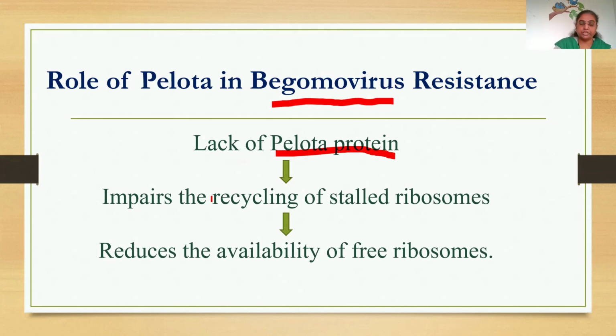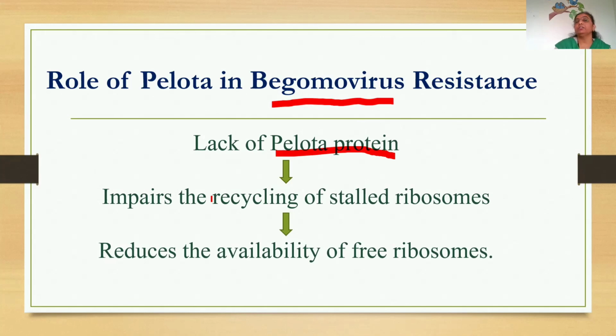Due to that, the translation of the begomoviruses is going to be halted. As there is reduced efficiency of translation, no progeny are going to be formed for the begomovirus.